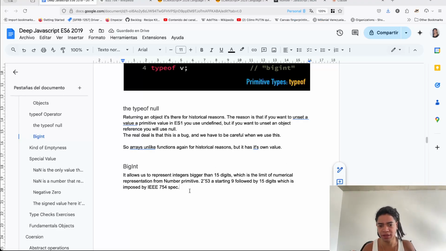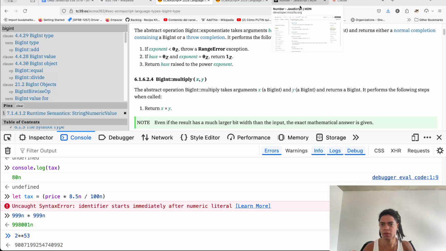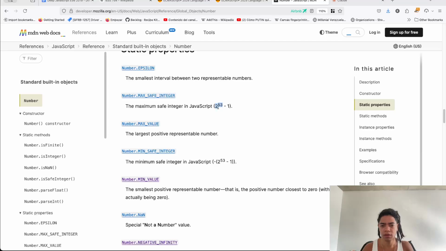So now things make a lot of sense. What we need to explain is this BigInt. If you want to represent 2 to the power of 54, it gives you the wrong value. This is the maximum safe integer with sign.